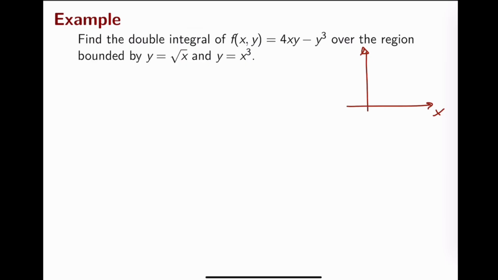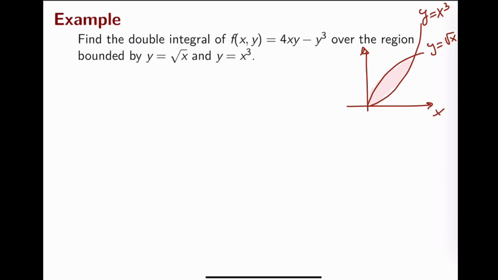One is y equals square root of x, a function that looks like this, and the other one is y equals x cubed, so this will be y equals x cubed. And so this is the region over which we want to calculate the integral.